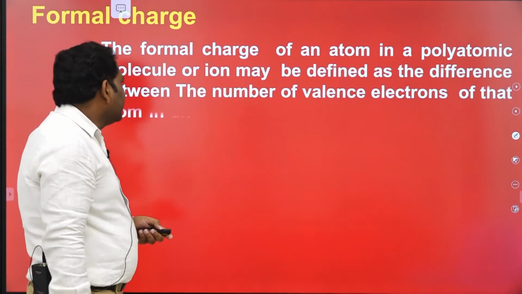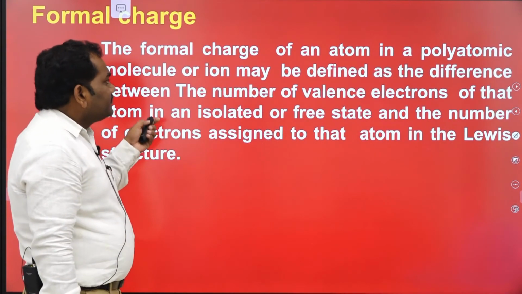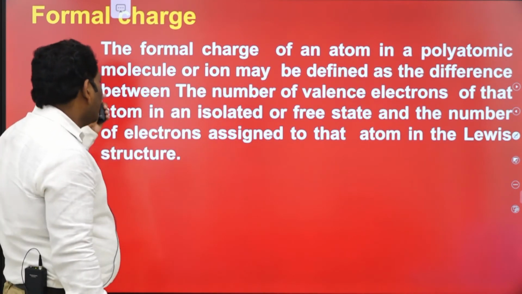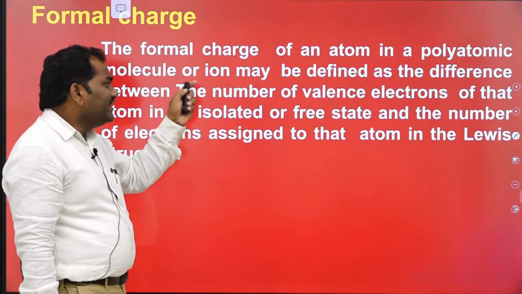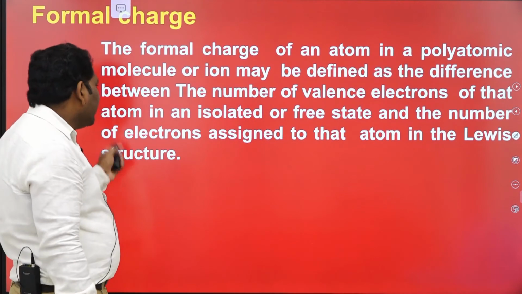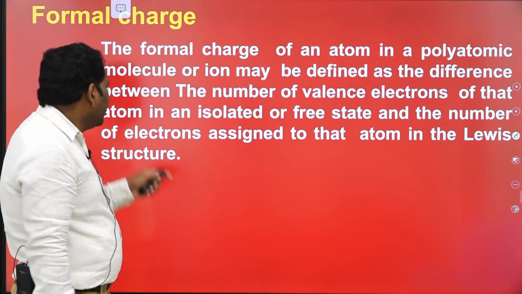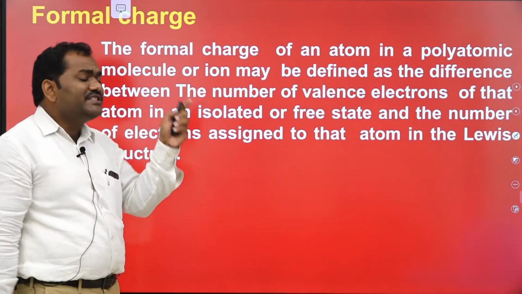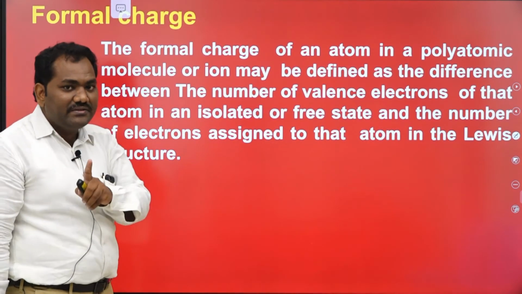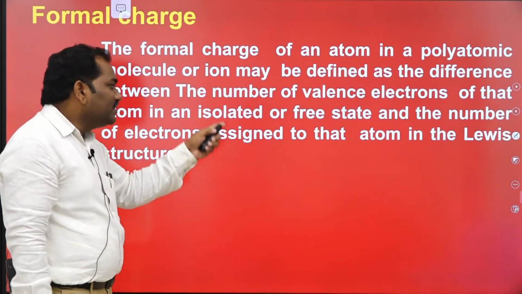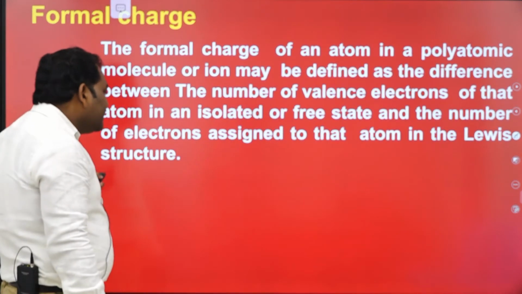Formal charge means the formal charge of an atom in a polyatomic molecule or ion may be defined as the difference between the number of valence electrons of that atom in an isolated or free state and the number of electrons assigned to that atom in the Lewis structure.